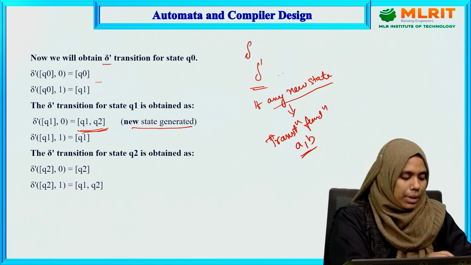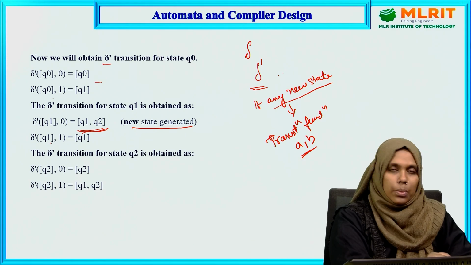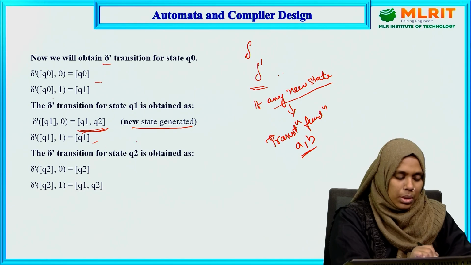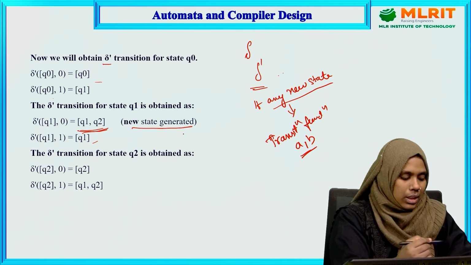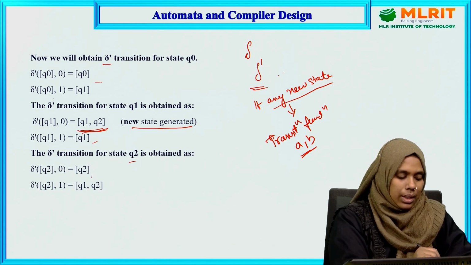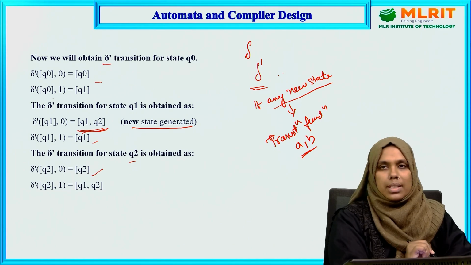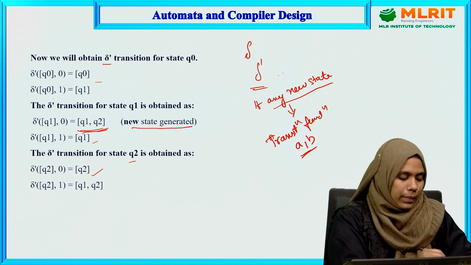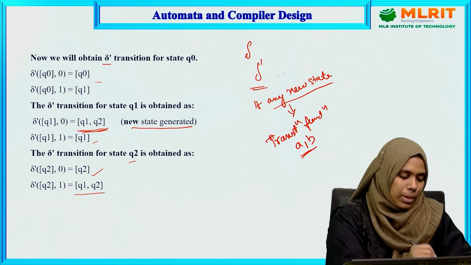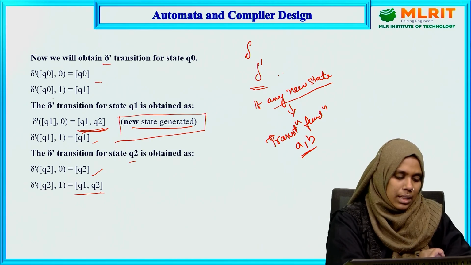Again, for the transition of Q1 on 1, what is it? Q1 itself. This is an old state, so there is no need of writing anything for that. Coming to the next state, Q2. Q2 of 0 is Q2 itself, that is an old state. Next, the transition of Q2 on 1 is Q1, Q2, which we have already specified is a new state.